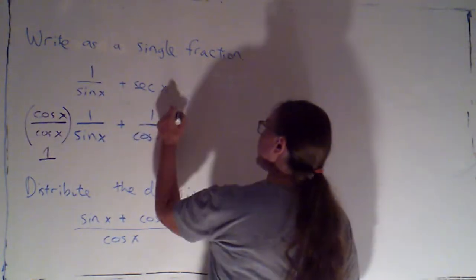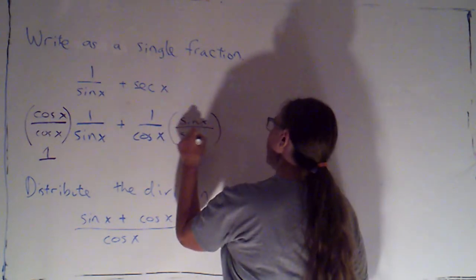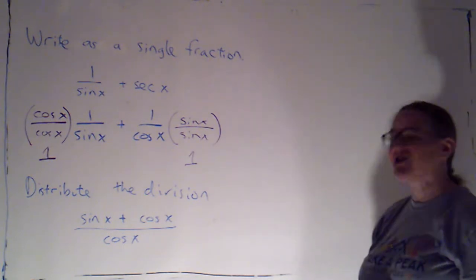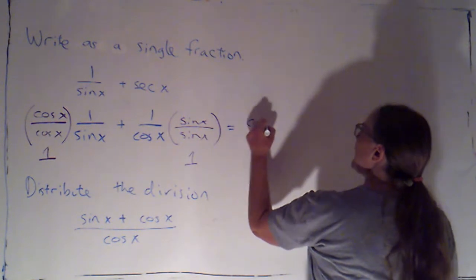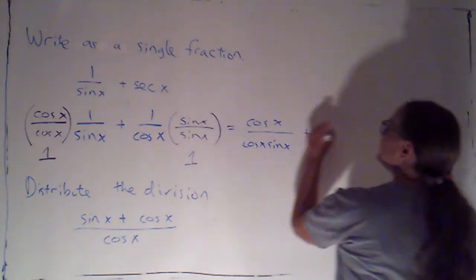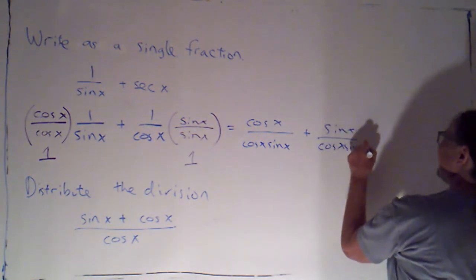And I'm going to multiply this fraction by 1 in the form of sine x over sine x. Multiplying by 1 doesn't change the value of things, it just changes the way they look. So that becomes cosine of x over cosine x sine x plus sine x over cosine x sine x.